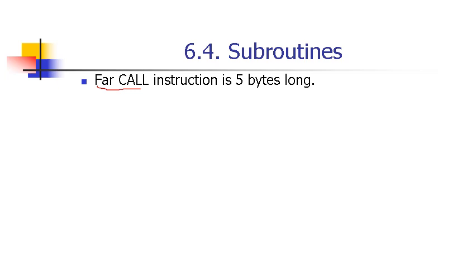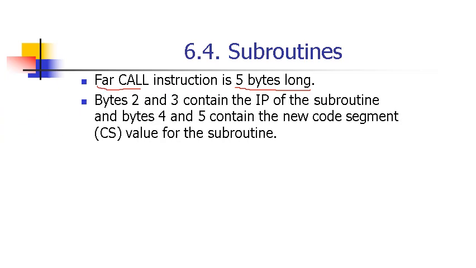While your far call is a 5 byte long instruction. Bytes 2 and 3 are used to modify IP, while bytes 4 and 5 are used to modify your CS.